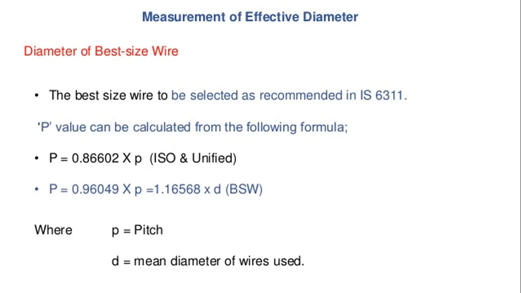So these are the two types of conditions for two pitch values, that is P is equal to 1.16568 into capital D small d.